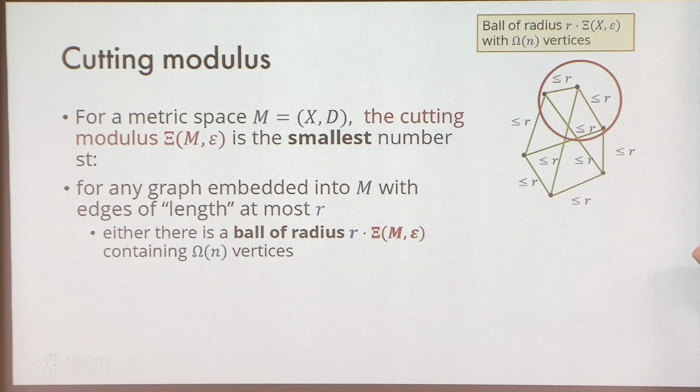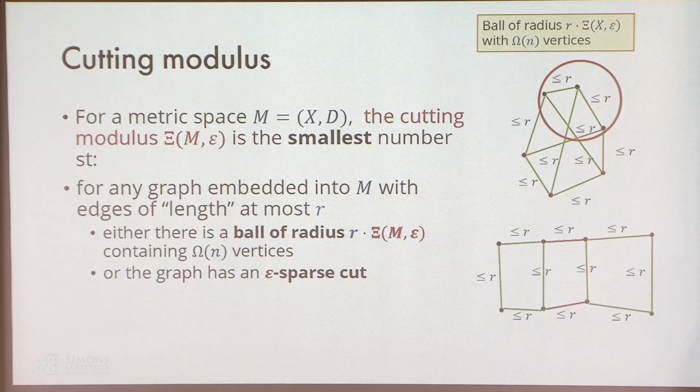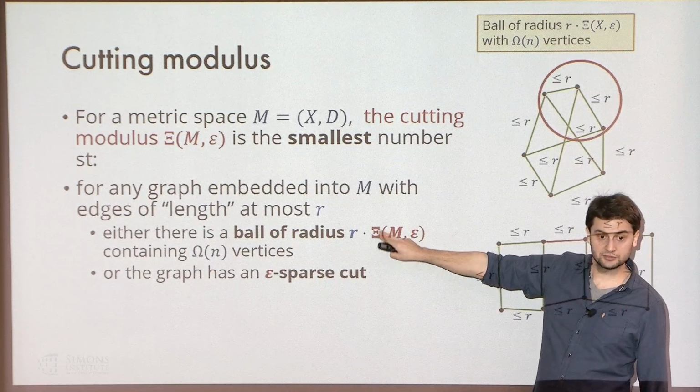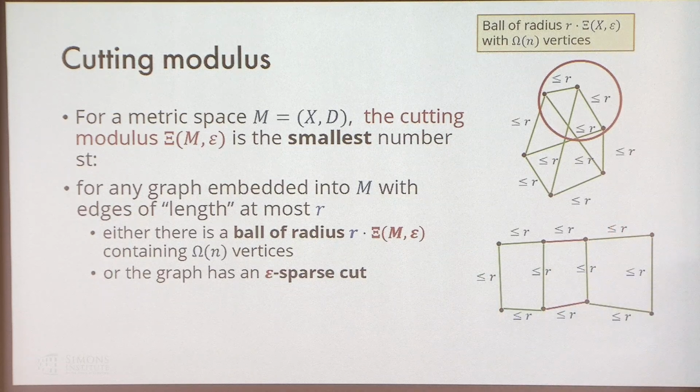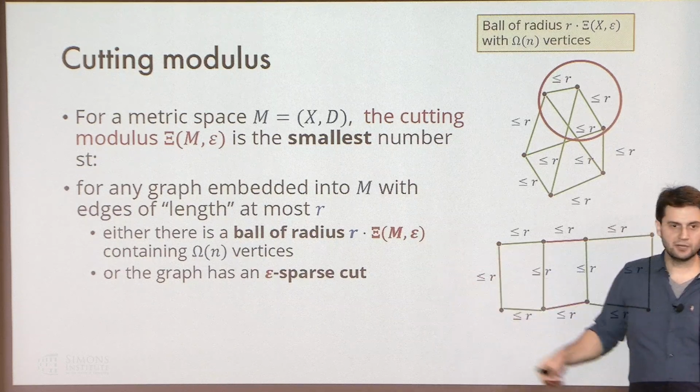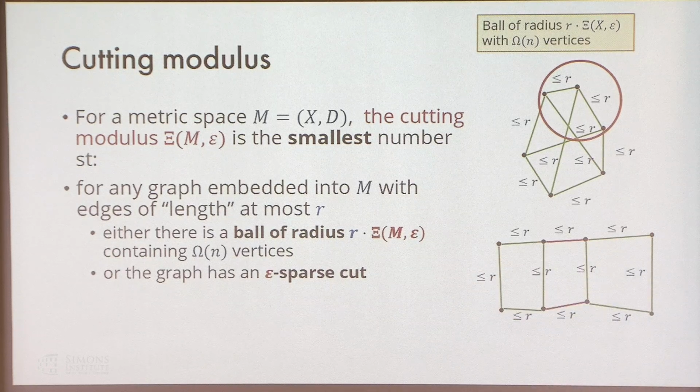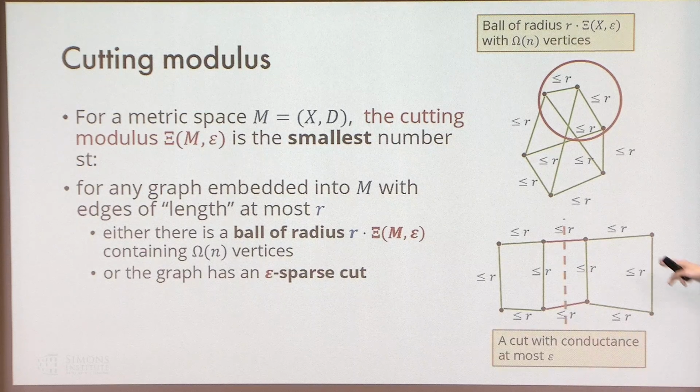Or what is the number you're trying to minimize? You said smallest number. The smallest Xi such that the following holds. Okay. And n is the number of vertices of this graph? Of the graph, yeah. Okay, or if this doesn't hold, then the graph must have an epsilon sparse cut. For example, there exists a partition of the graph such that the conductance is at most epsilon.